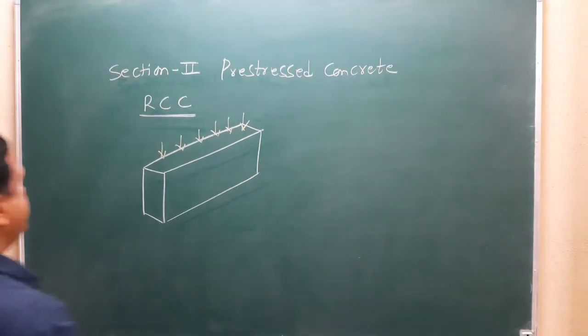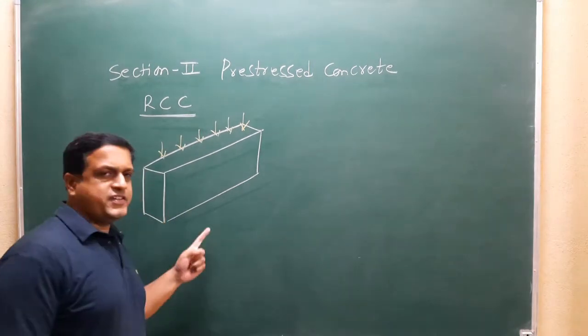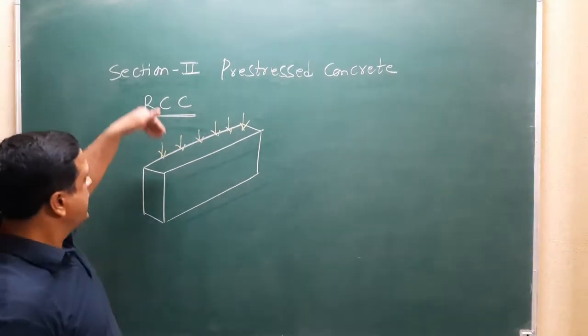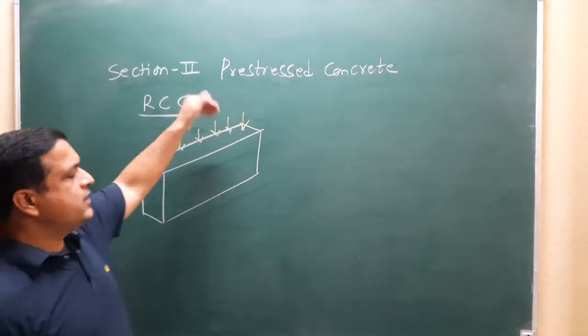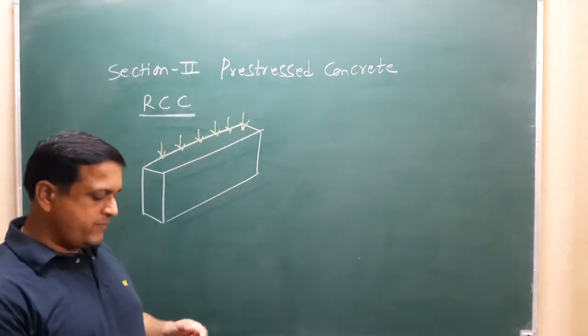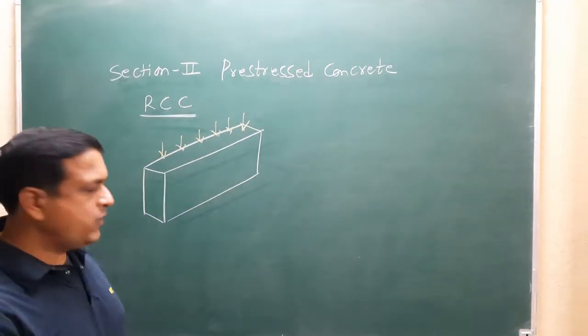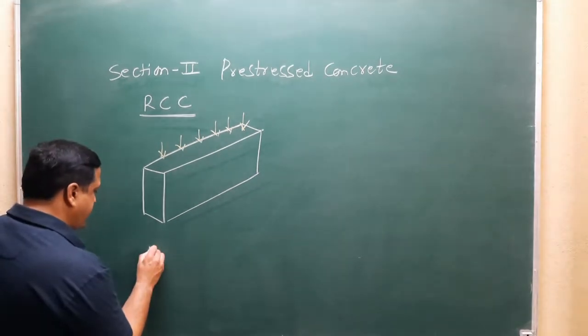In the RCC section, if you consider the beam, the load is coming on the beam transversely. So due to that load, this beam gets bent like this.